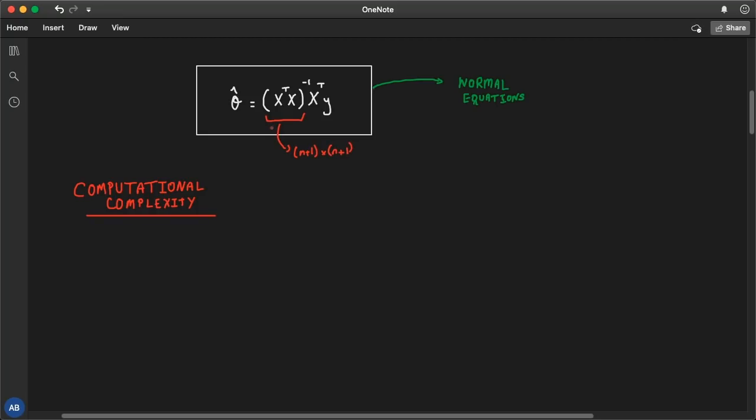The computational complexity of inverting such a matrix: there are many algorithms to compute a matrix inverse, from Jacobi, you can also implement a Newton-type algorithm, many algorithms in the numerical linear algebra literature. But more or less all of them require somewhere around O(n^2.4). What does that mean?